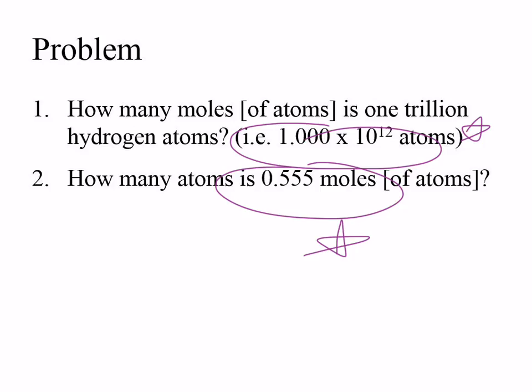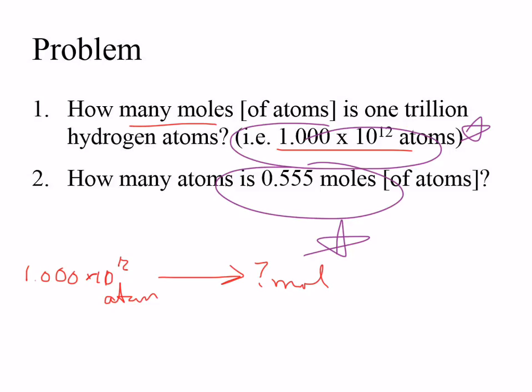So if we were going to diagram the first one, we are going to go to how many moles, so question mark moles, again, of atoms is in brackets there, so it doesn't have to be there. Question mark moles is 1 trillion, and I went ahead and told you we're going with 4 sig figs, 1.000 times 10 to the 12th atoms.